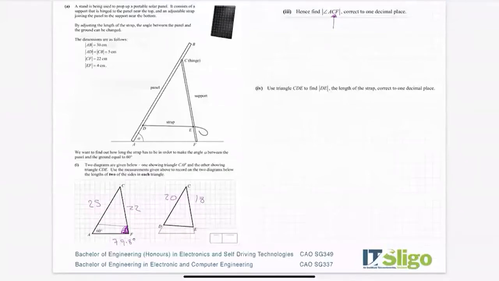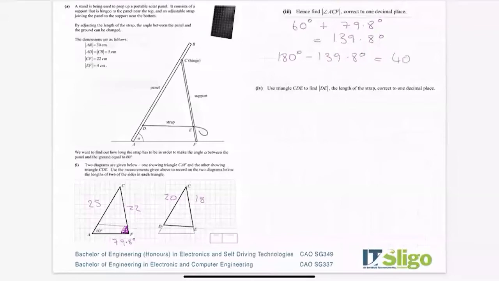Well, you know angles in a triangle add up to 180. So you take the 60 degrees that you know already and you add it to the 79.8 degrees and you get 139.8 degrees and you subtract that from 180.